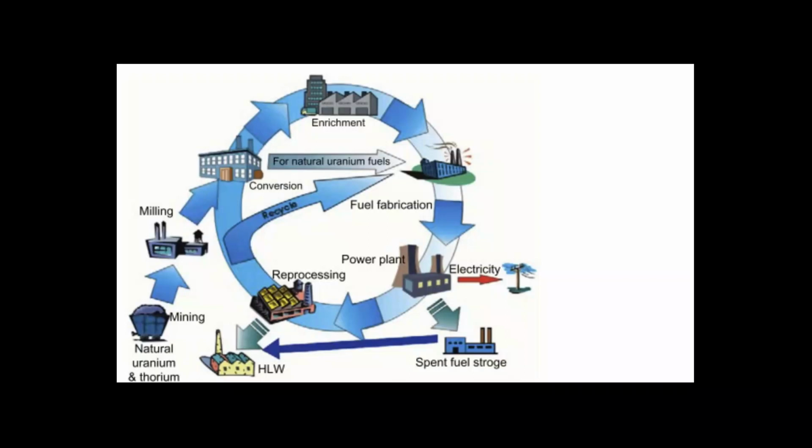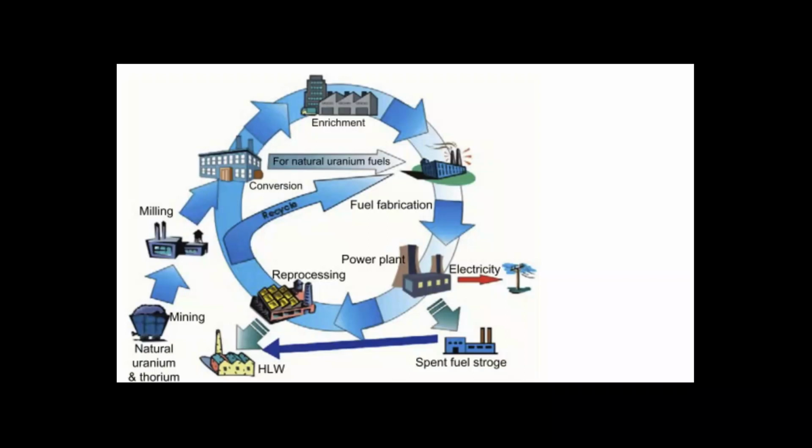And then we need to convert it by enrichment, normally by centrifuge, where it can be then made into a suitable material, kind of fuel rods, which will then go to a power plant to produce electricity.